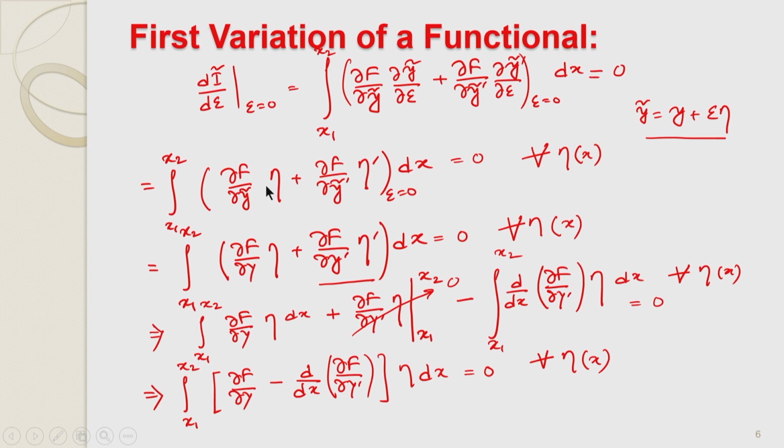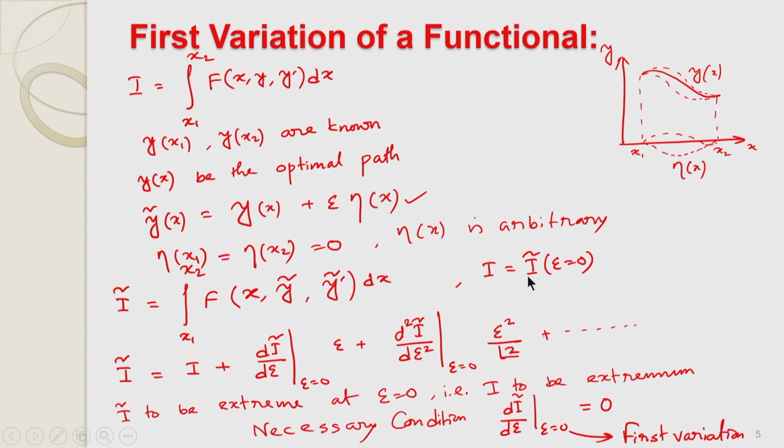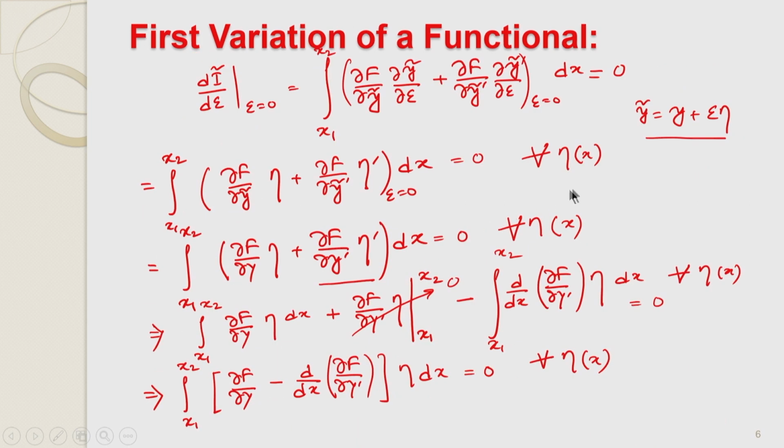Therefore, we can write this as eta and this as eta prime, and this entire derivation is for any arbitrary eta. There is no particular choice of eta. The only condition eta should satisfy is that at x1 and x2 it should be 0. Therefore, this is true for all eta(x).